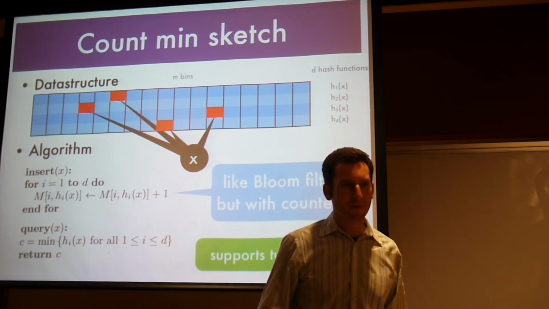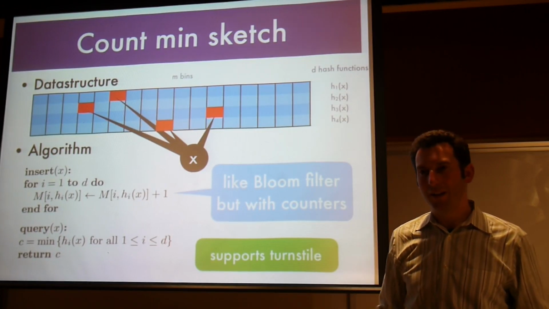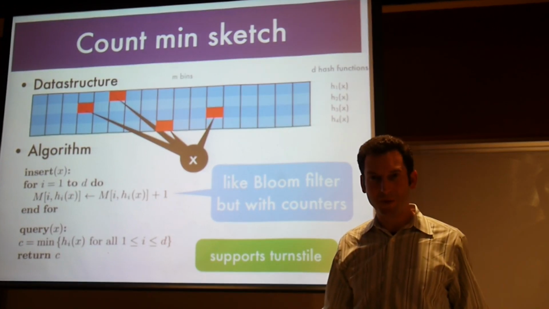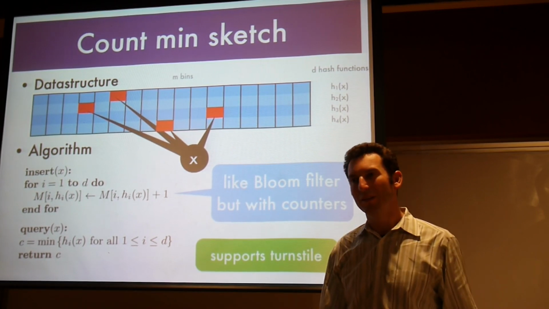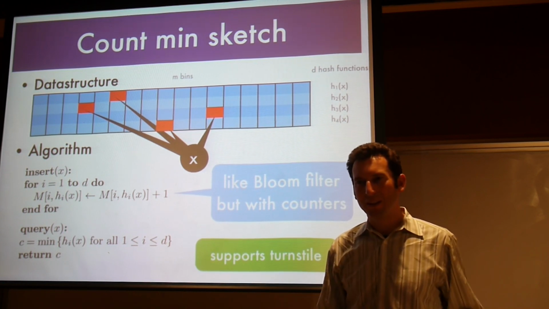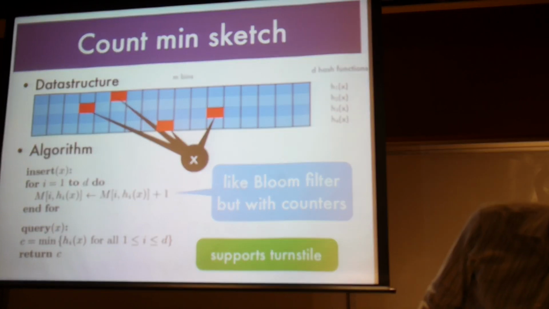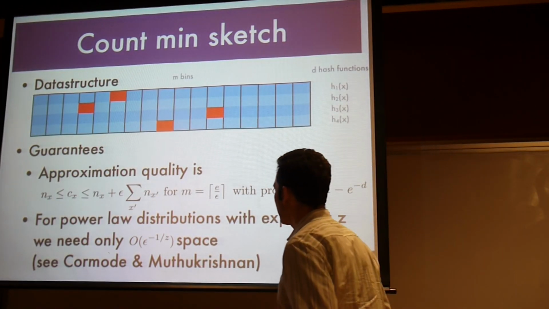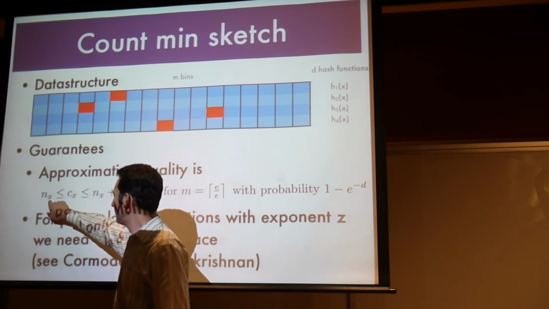And the cool thing is, this is a linear statistic of the data, and therefore I can actually take unions between two data sets by just adding those sketches, and I can aggregate over time, I can reduce resolution and so on. And as a matter of fact, we're going to use all of those tricks later on. So again, here are the guarantees. The lower bound is trivial.